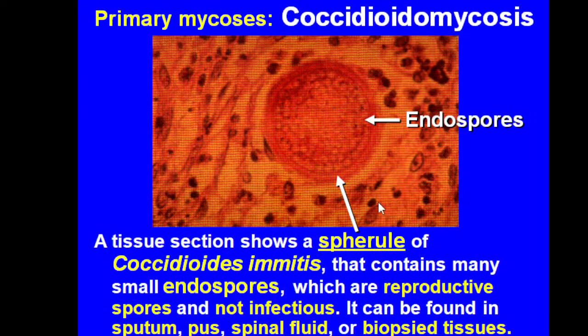And that what I mentioned initially, that in these tissues of the host we may find this ferula, right? The structure filled with endospores. When they rupture in the body, the endospores come out and spread through the bloodstream.